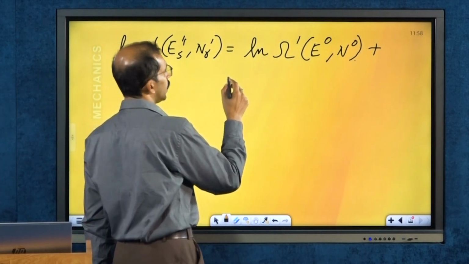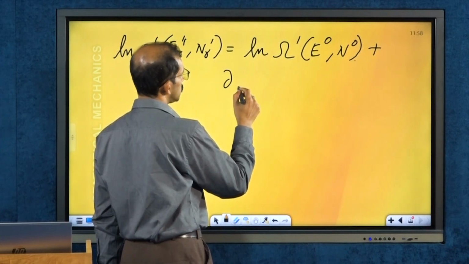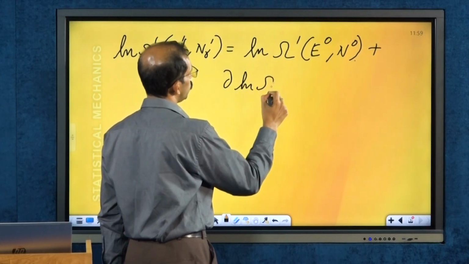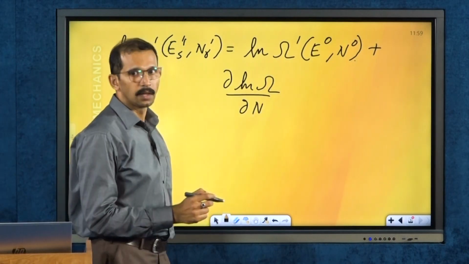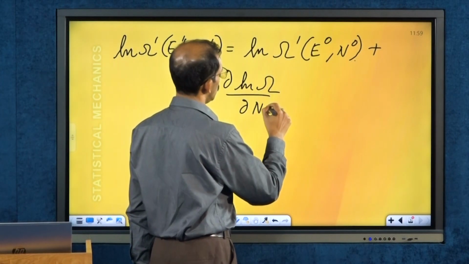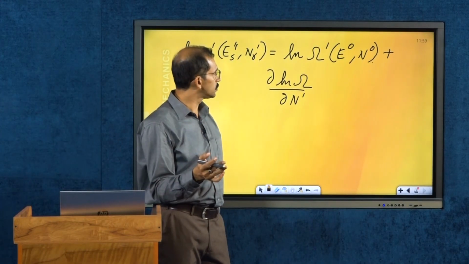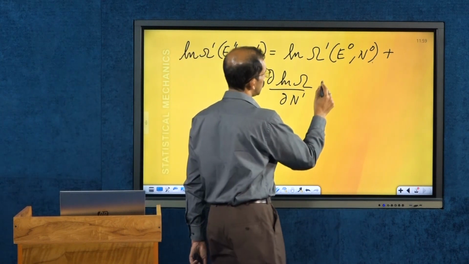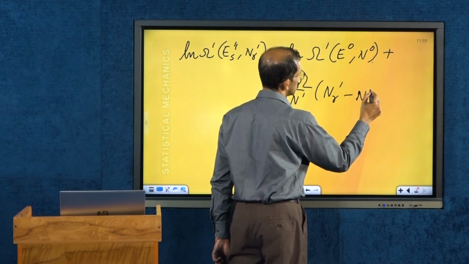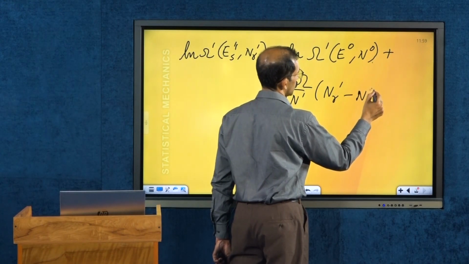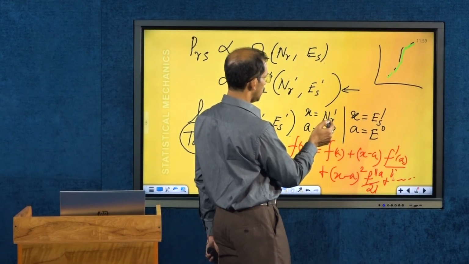So, when I carry out the differentiation, I have to write dou ln of omega by dou n, and then we can write it in terms of the nr dash and n0, which I denoted in the previous slide, right. Here we have the nr dash and n0.